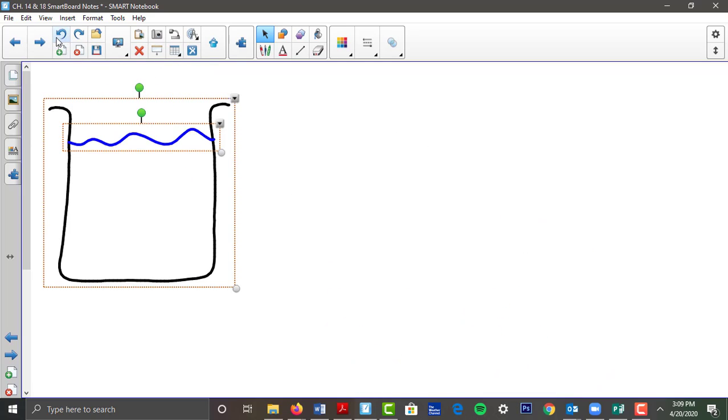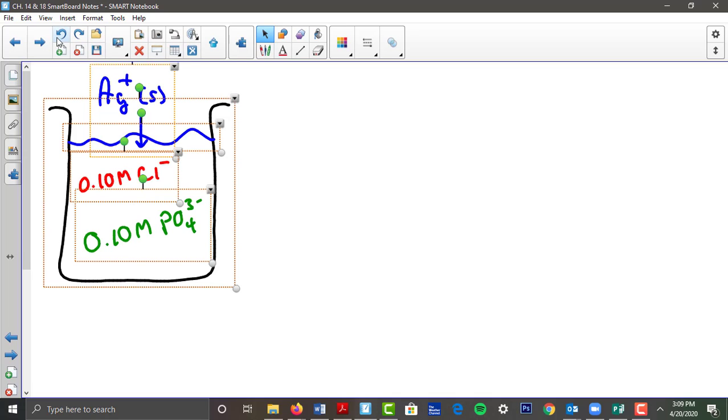So let's say that in a solution, I add silver ions again in solid form to a solution containing 0.1 molar chloride and 0.1 molar phosphate.